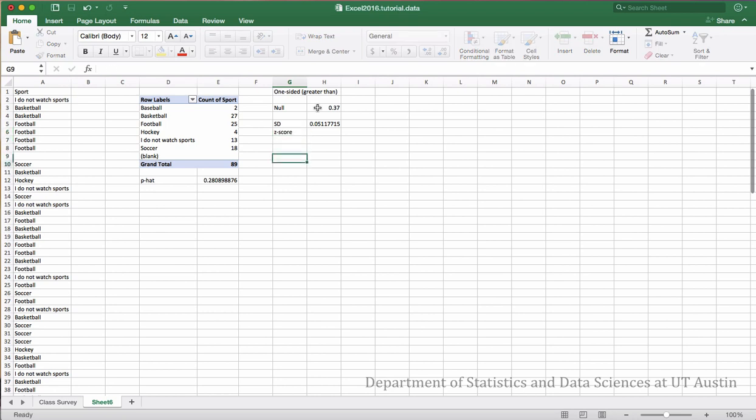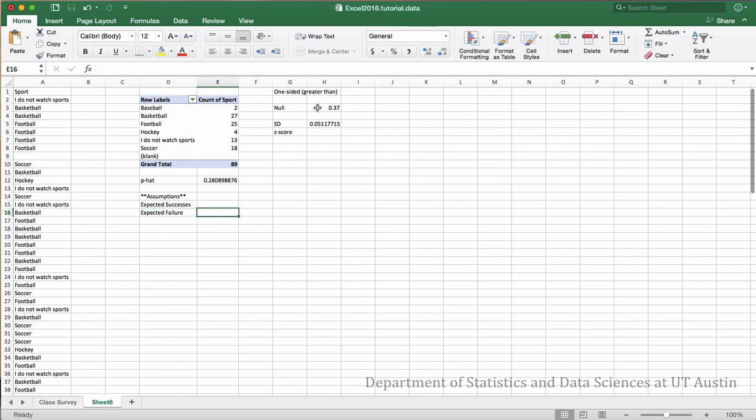But before I calculate my z-score, I'm going to want to check some assumptions. I want to be sure that I can actually reliably use the z-test. The assumptions are: we need at least 10 expected successes and 10 expected failures.